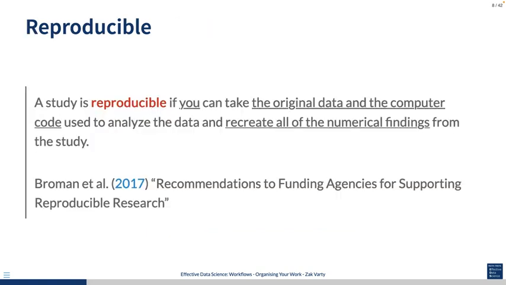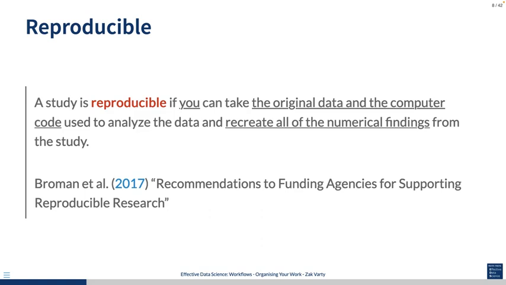In their paper, Broman et al. define reproducibility as a project where you can take the original data and code used to perform the analysis, and then using those, recreate all of the numerical findings of that study. This definition does lead quite naturally on to several follow-up questions. Firstly, who exactly is you in this definition?